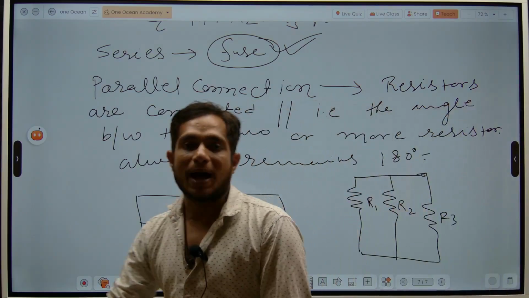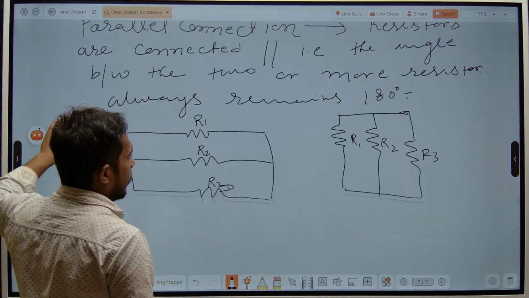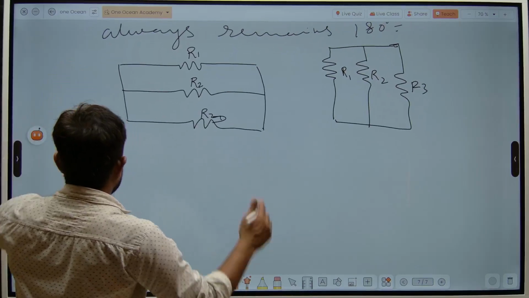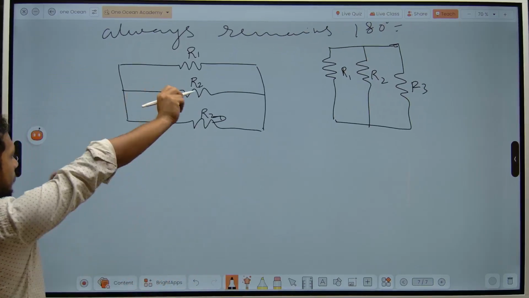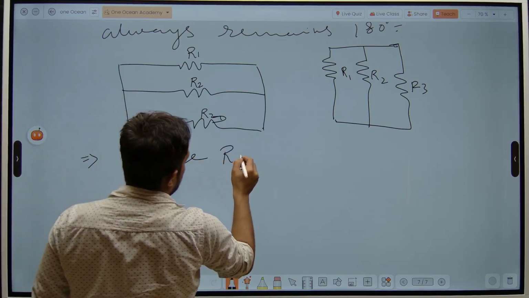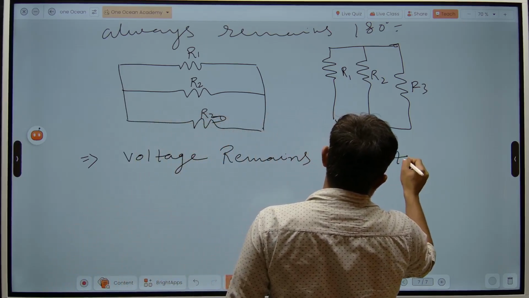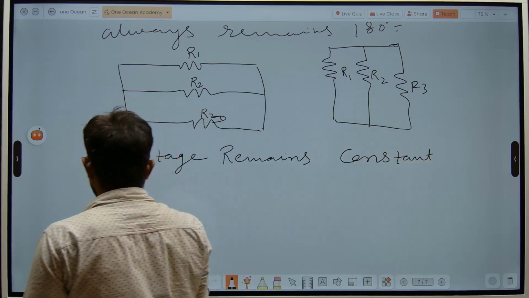Okay. So, when we talk about the parallel connection, voltage remains constant. So, when voltage remains constant, the other will be the variable, meaning it changes, that is what?